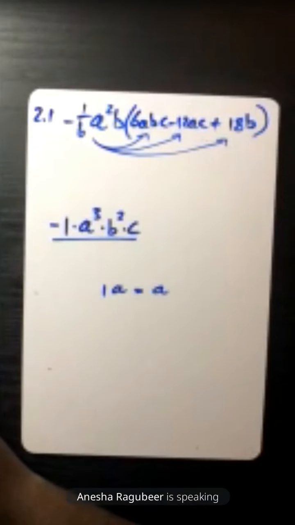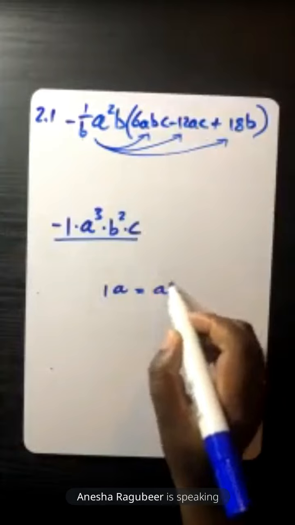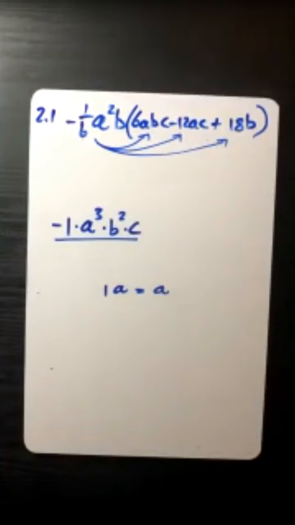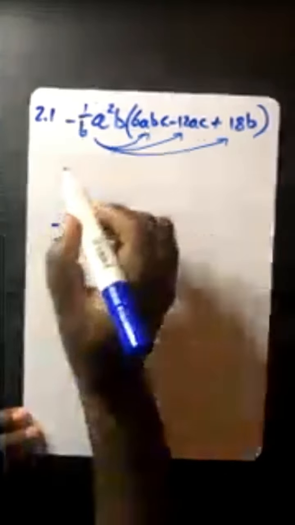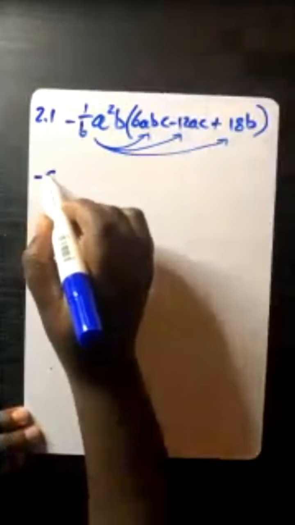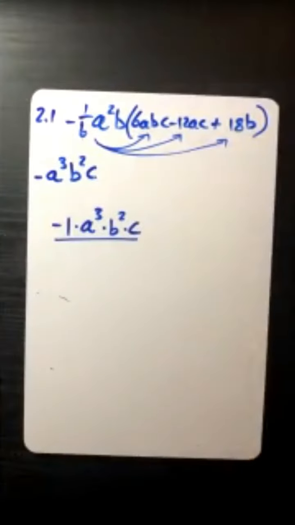Yes, sir. And again, we've got an invisible power over there, isn't it? Yes, sir. Okay, great. Which means we can write this as negative a to the exponent 3, what else? b squared c. Do you agree with that part? Yes, sir.